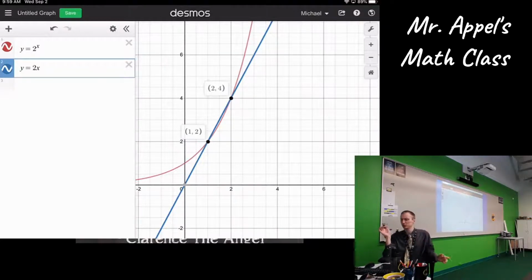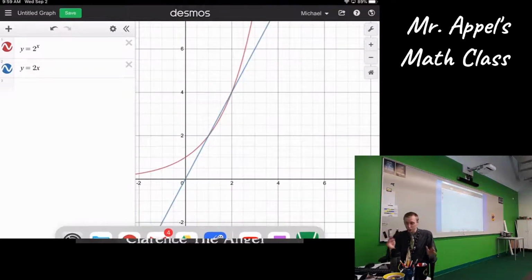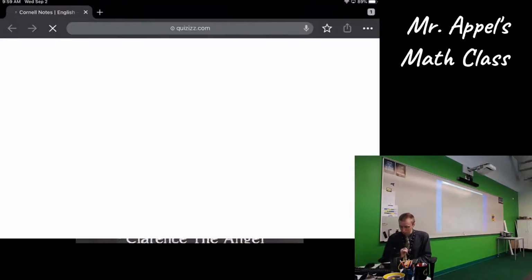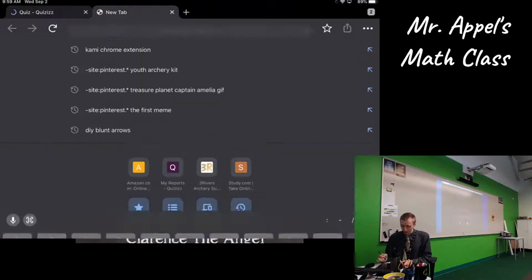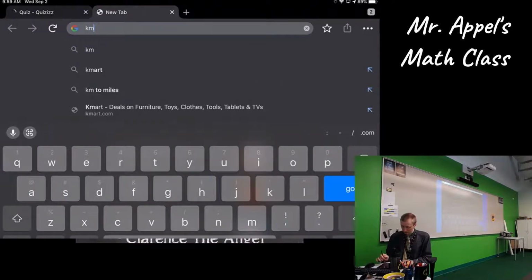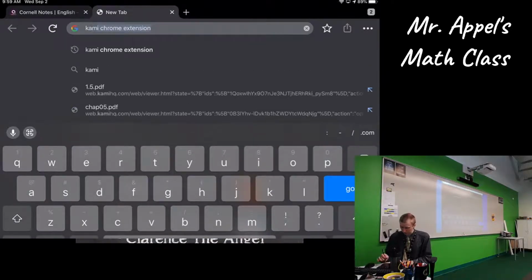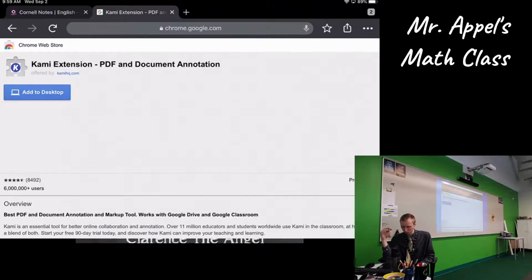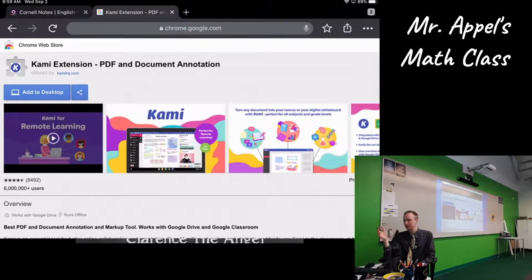I introduced a tool to my geometry students. You might be interested in this. You can just type up your answers to the worksheet on a Google Doc, if that'd be easier for you. Or you can use, there's a Chrome extension called Commie, and this will allow you to actually annotate PDFs.